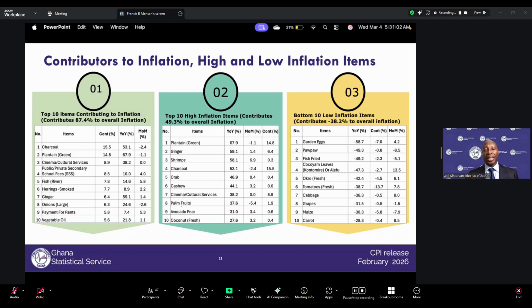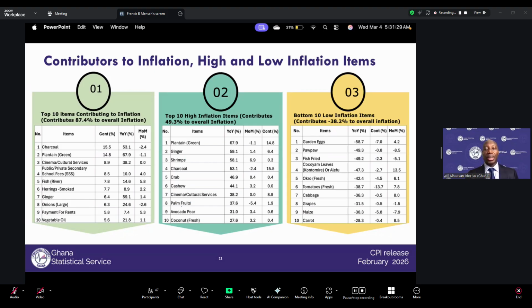The next highest is ginger, with inflation rate of 59.1% in February 2026. But this is down from 72.3% recorded in January 2026. Followed by shrimps, which recorded an inflation rate of 58.1% in February 2026, down from 48.8% in January 2026.